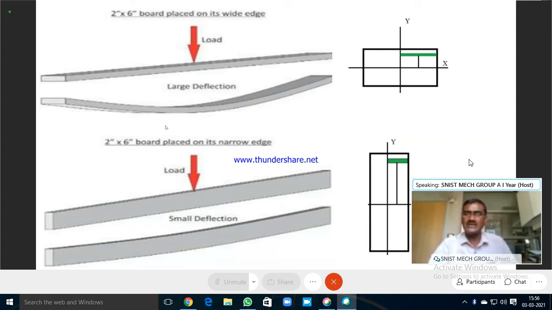Everything is same. What is the change? The orientation. You have turned this particular beam by 90 degrees in second case and applied the same load, and you are witnessing the small deflections. And when small deflections are occurring with the same load, what does it mean? This orientation is stronger. This orientation is stronger when compared with the first orientation. Is it clear?